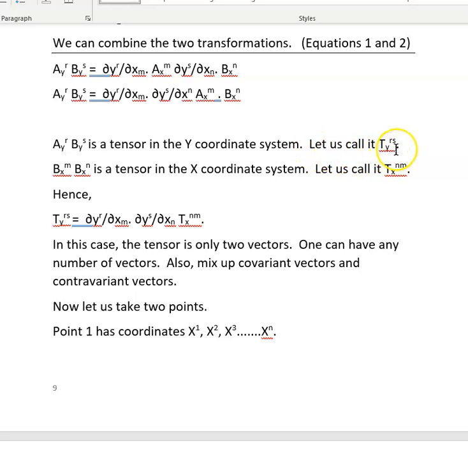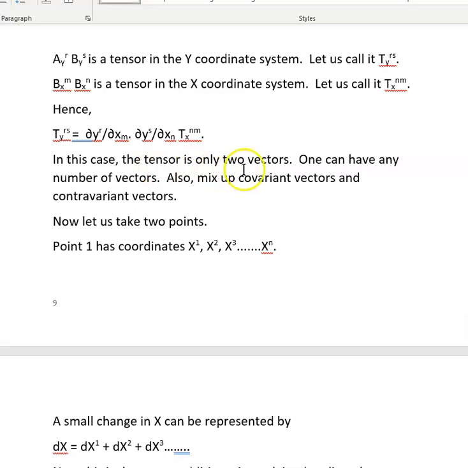Let us call it TYRS. BXN is a tensor in the x coordinate system. Let us call it TXNM. So AX and BX, we call it TXNM, and we call this one here TYRS. So hence we get this equation. In this case, the tensor is only two vectors. One can have any number of vectors, also mix up covariant vectors and contravariant vectors.